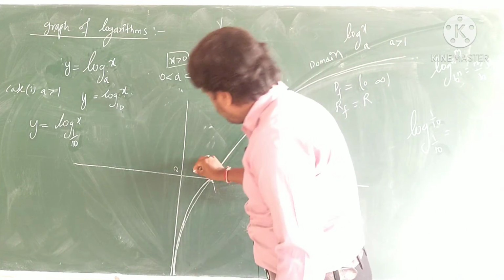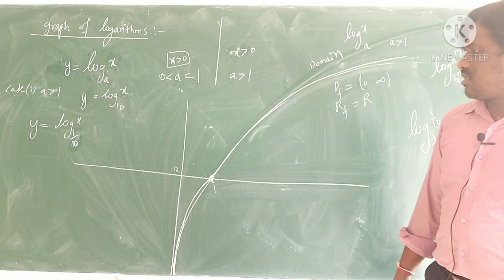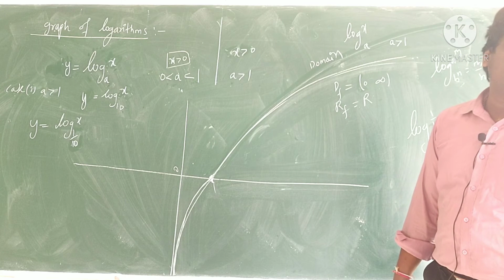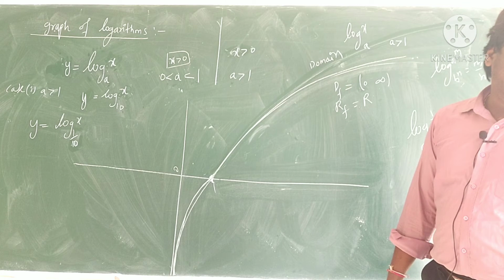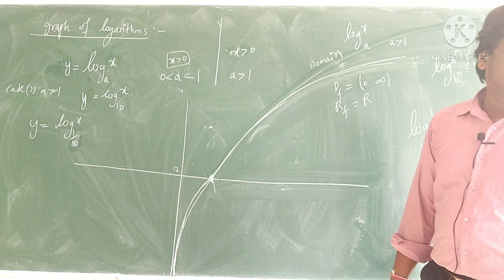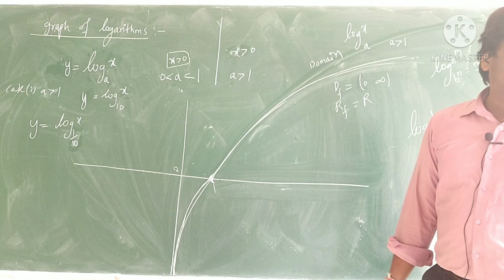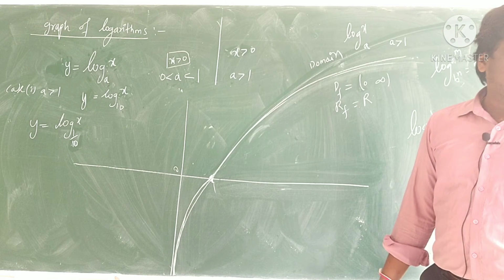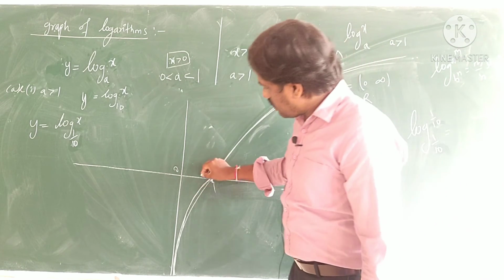Suppose you got 1, right? 1 by 10 you took, you got 1. 1 by 100, how much? 1 by 100 is 2. 1 by 1000, 3. Like that you get 1 by 10,000, 4. 1 by 10 you got 1, right?